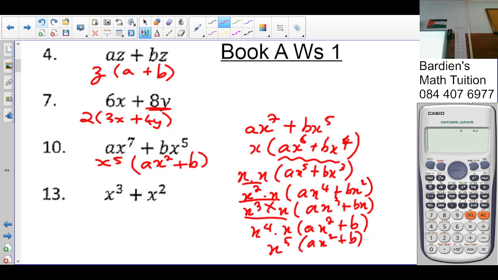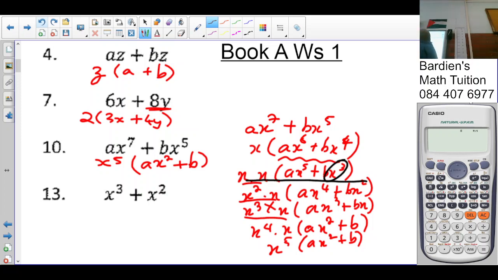So what we say, when we take out the common factor, we take out the biggest or the highest common factor. Okay? So when you factorize, there should be nothing common inside the bracket anymore as your final answer. This can never be a final answer.